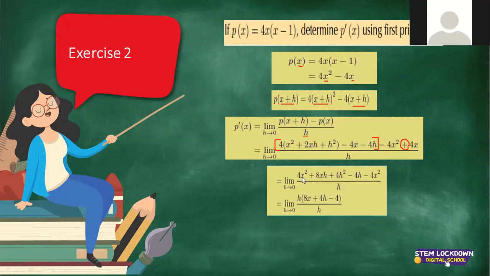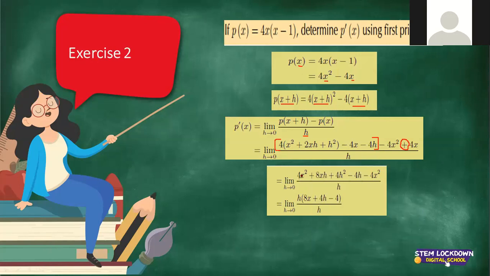And then you remain with 4x squared, because this is 4 times x squared. This times that is 8xh, 4h squared, and then this one will cancel that one. Okay. And then minus h.